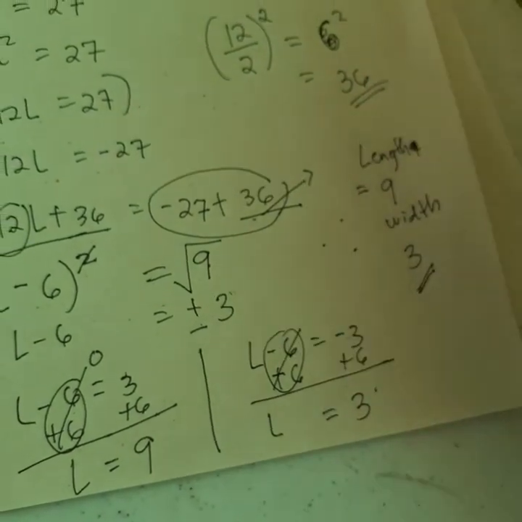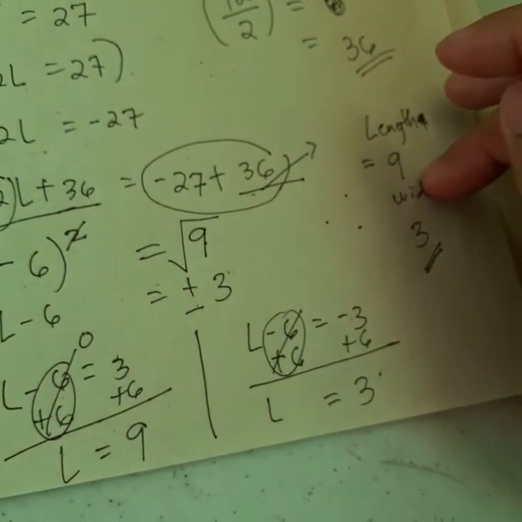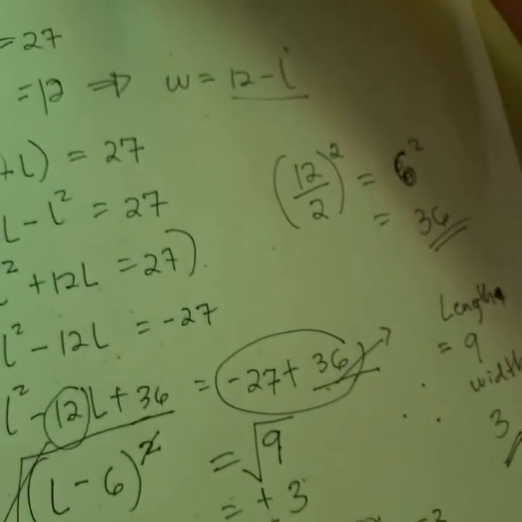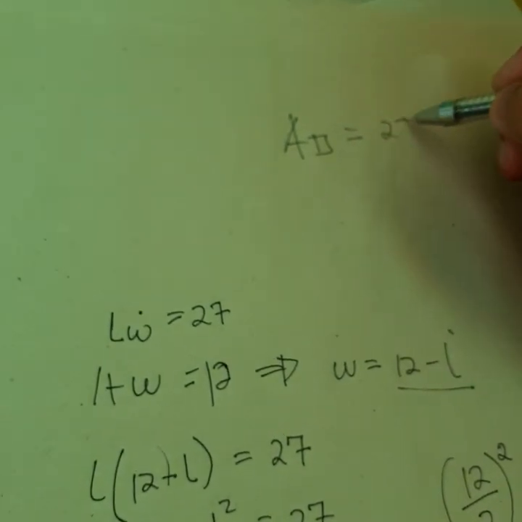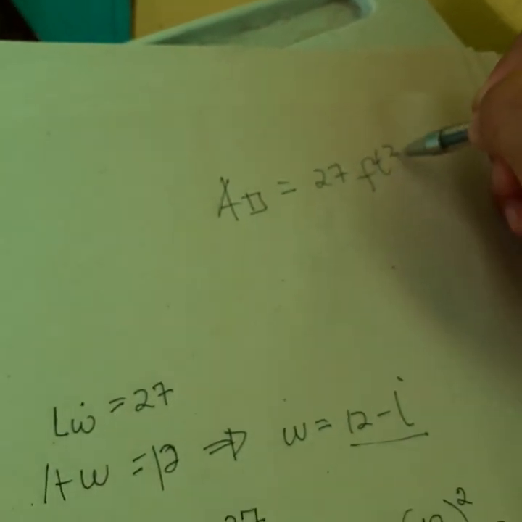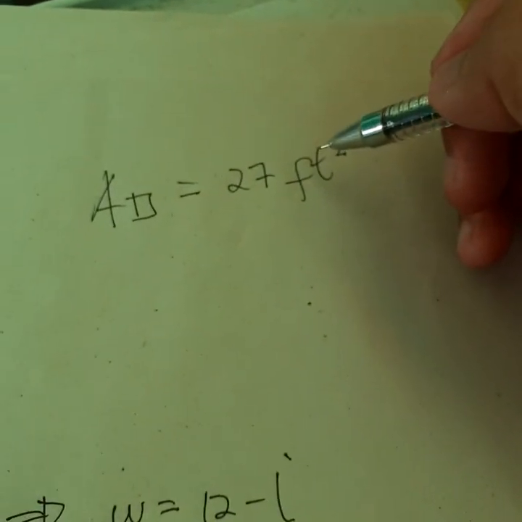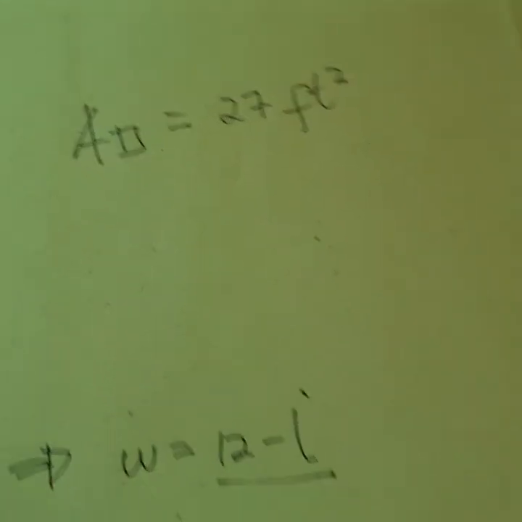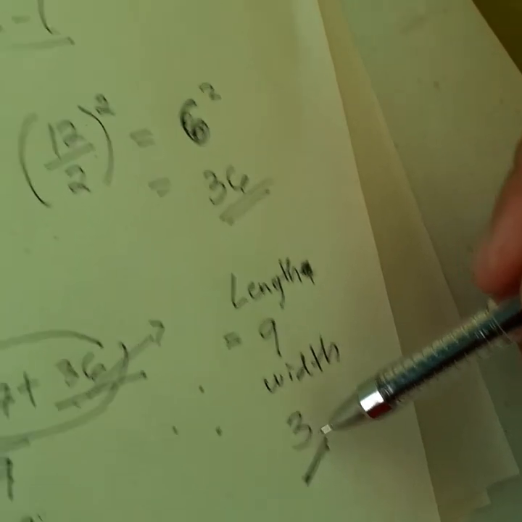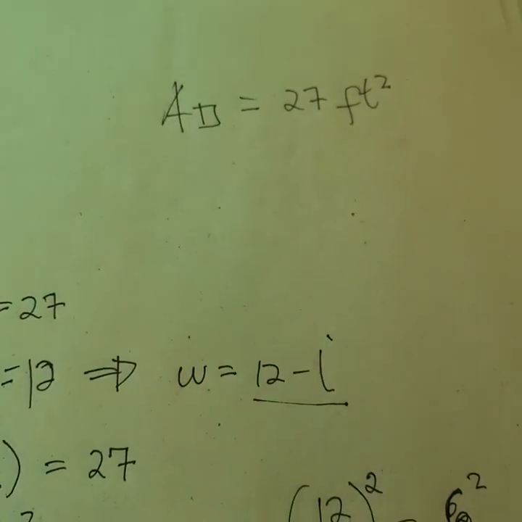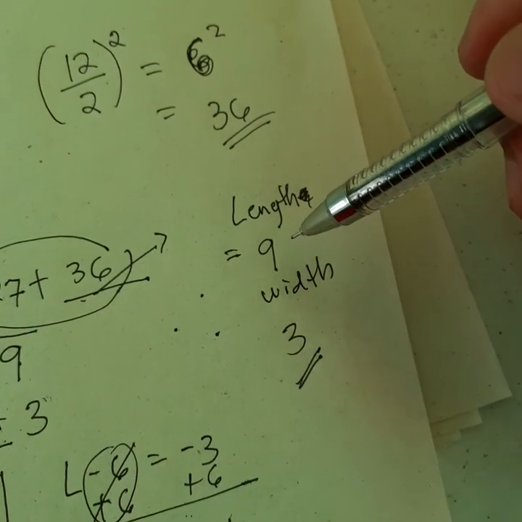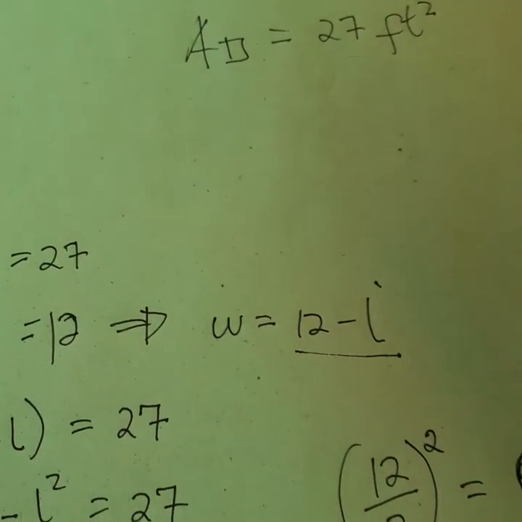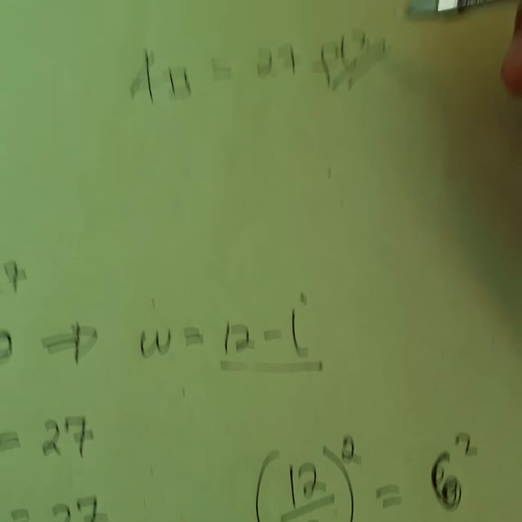Okay. To check if it is really true, the area of the table is equal to 27 square feet. So, finding the area of a rectangle is length times width. Since our length is 9 and our width is 3, 9 times 3, we have 27.